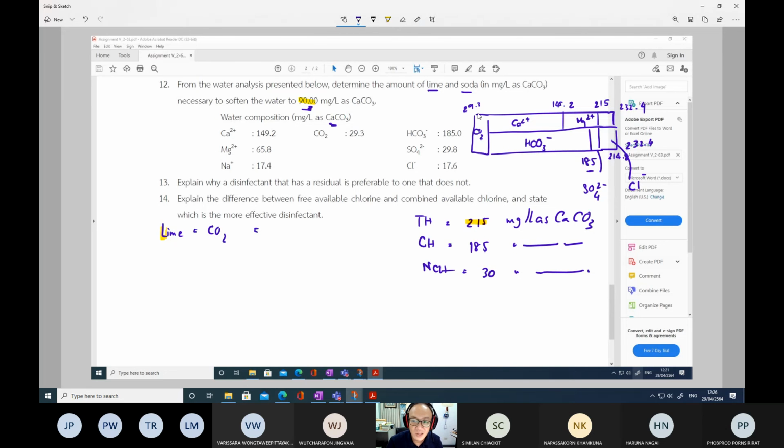The amount of carbon dioxide is 29.3. This is the amount of lime we add to neutralize the carbon dioxide. Then in the second step, we add lime equal to the amount of bicarbonate ion.